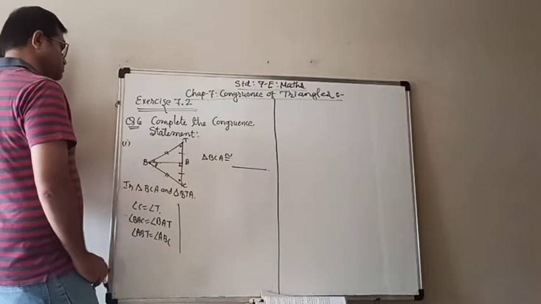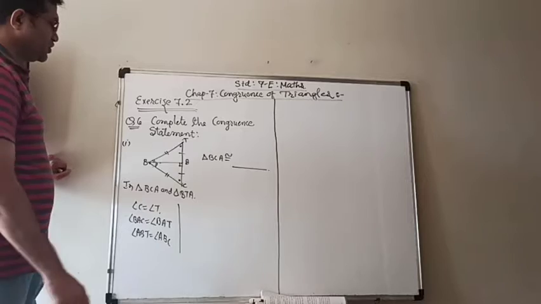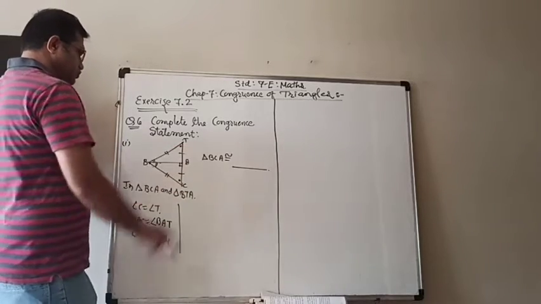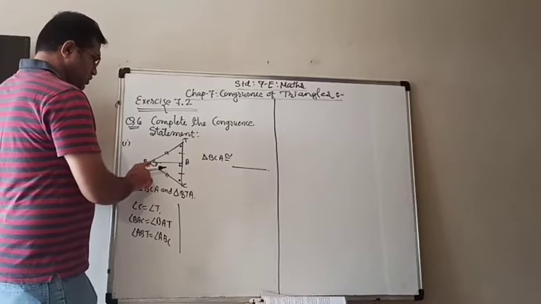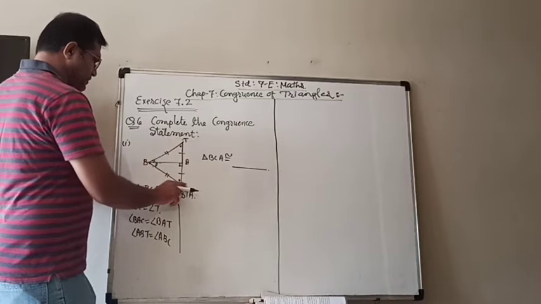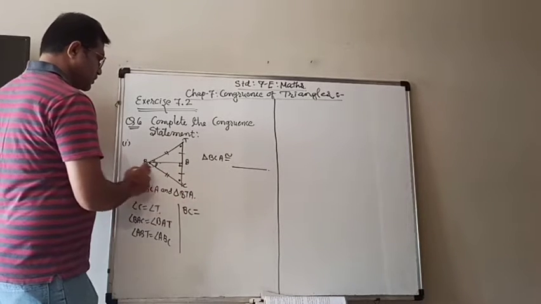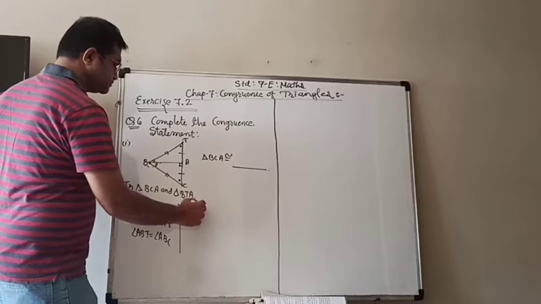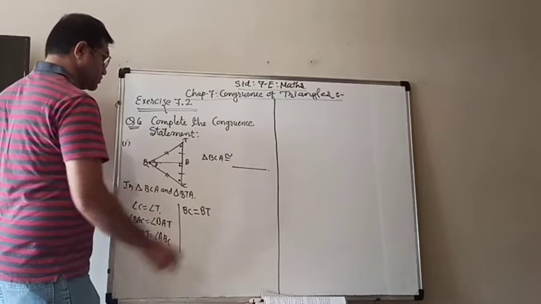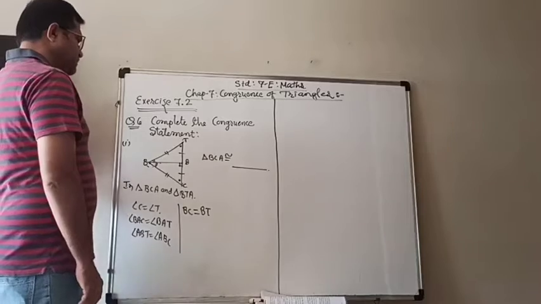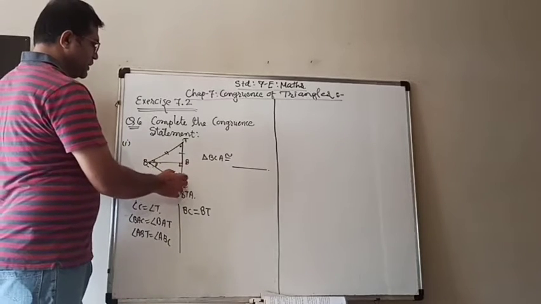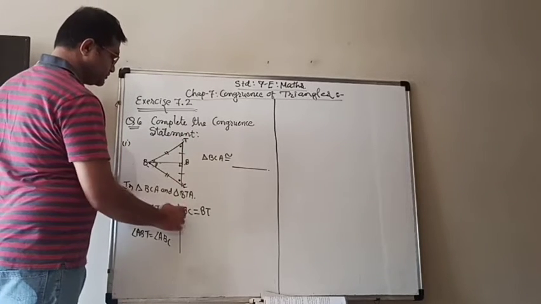Also, the three sides are given. Line segment BC is equal to BT. Then AC is equal to AT.